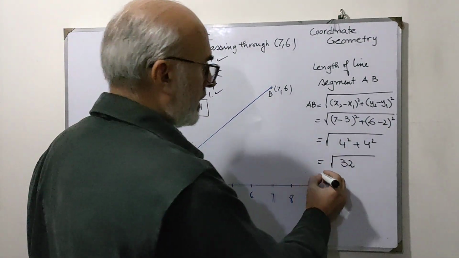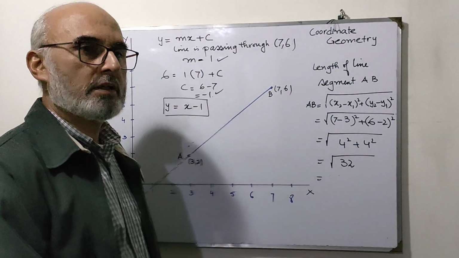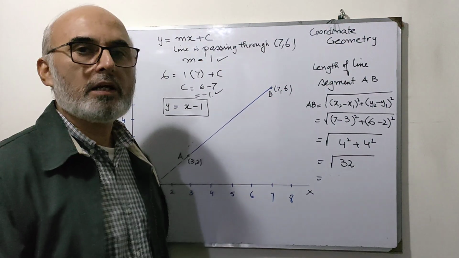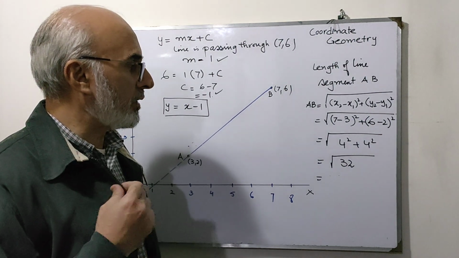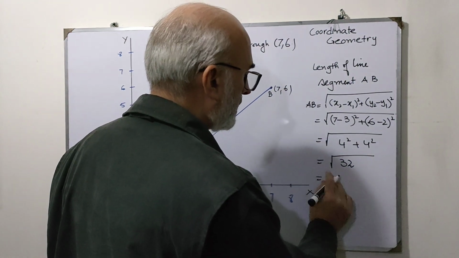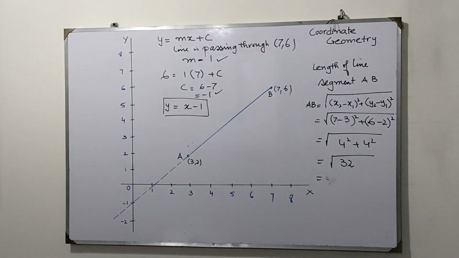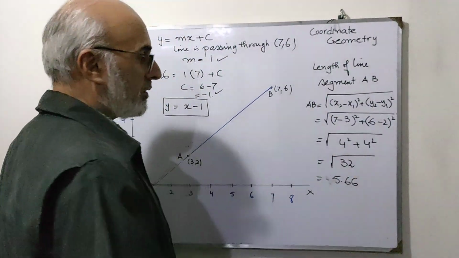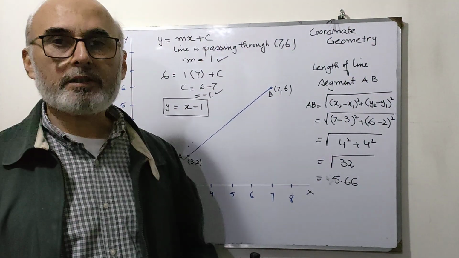So if we check the value of this square root, it is approximately, let's find out using the calculator and do it quickly. Okay, using the calculator, we have calculated the value is 5.66.